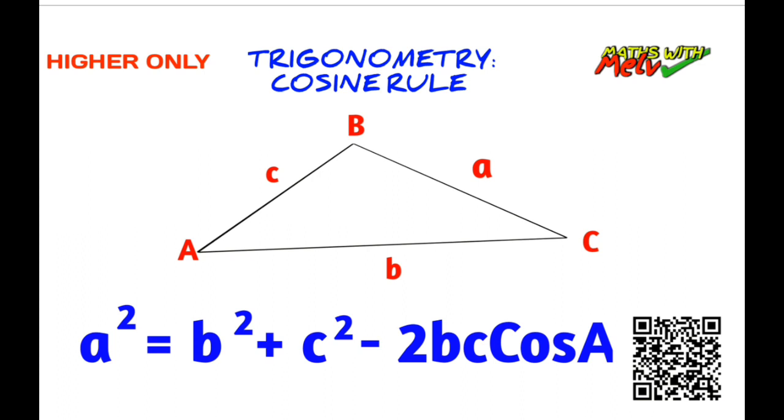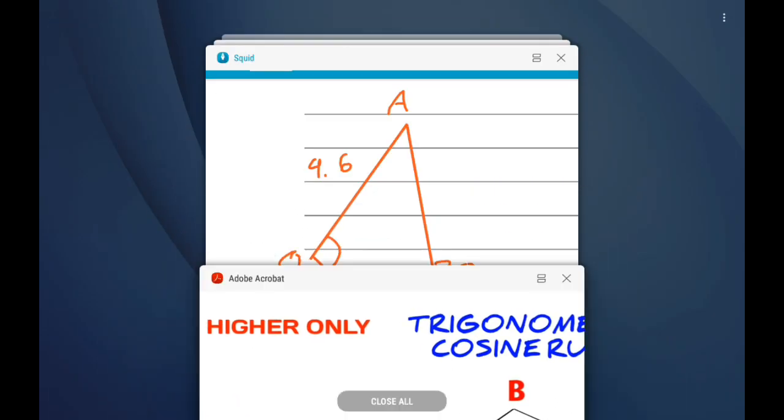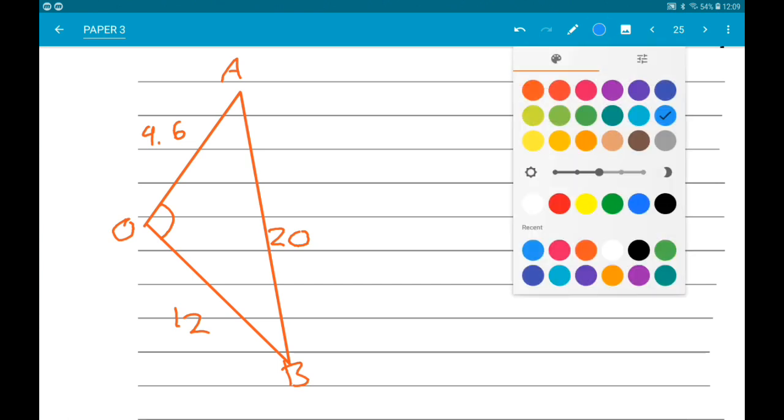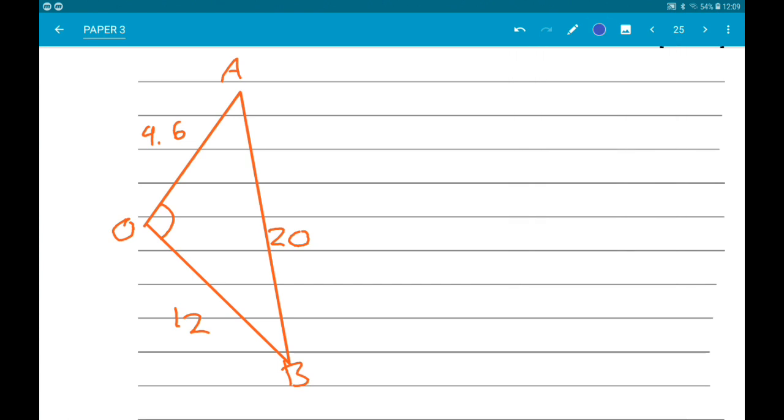Now, a nice trick: even if the labels you're given don't work with the form of the cosine rule we are used to, just stick an A on the thing we are looking for. Even though we already have big A and big B, never mind, just call this angle big A and this side little a.